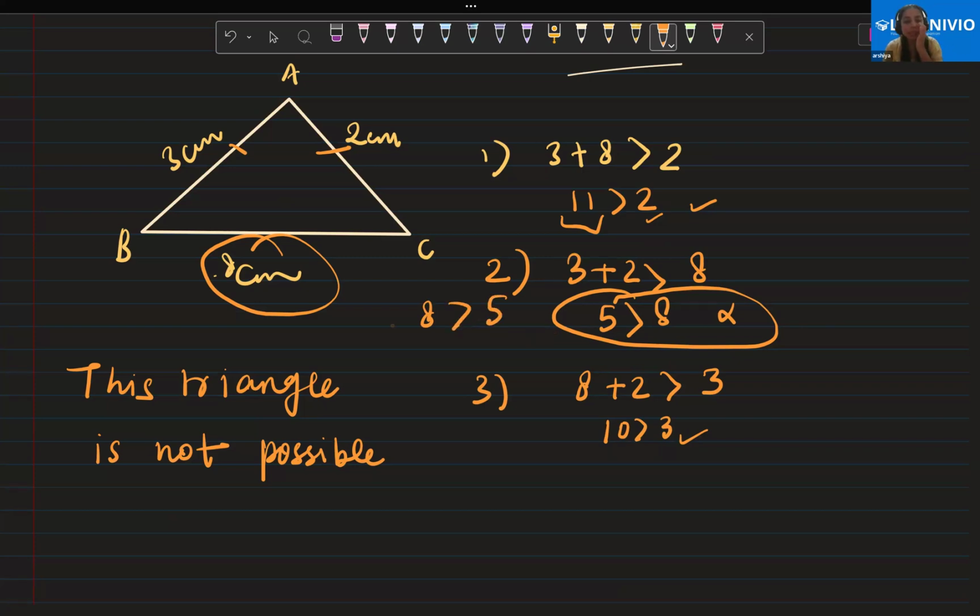So that's why this triangle is not possible, because the sum of any two sides should be greater than the individual side. If one of them comes out smaller, then the triangle will not form. Okay.